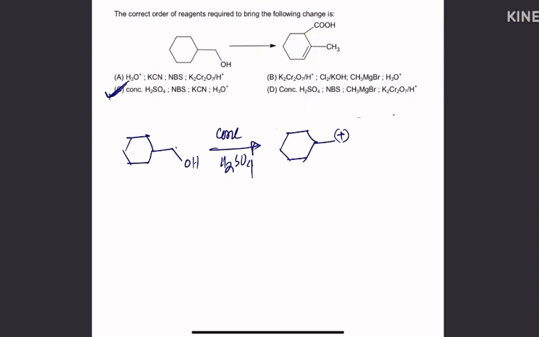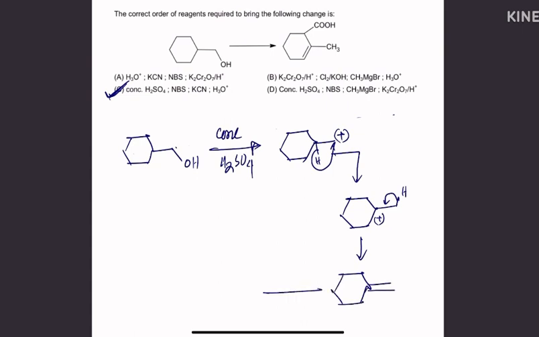Here is the carbocation. This carbocation will shift to gain a more stable carbocation. Now see, in this case, from any side it will form a double bond from this side. So it will form a double bond like this.